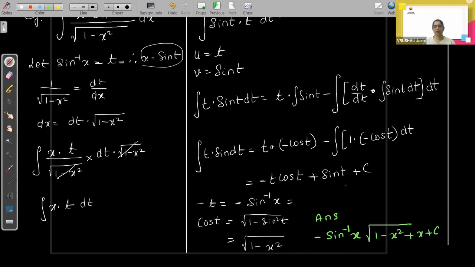We have t because sin t is x. For t we got minus sin inverse x. We got cos t as under root of 1 minus x square, and sin t we have as x, correct? So this will be our final answer, correct?